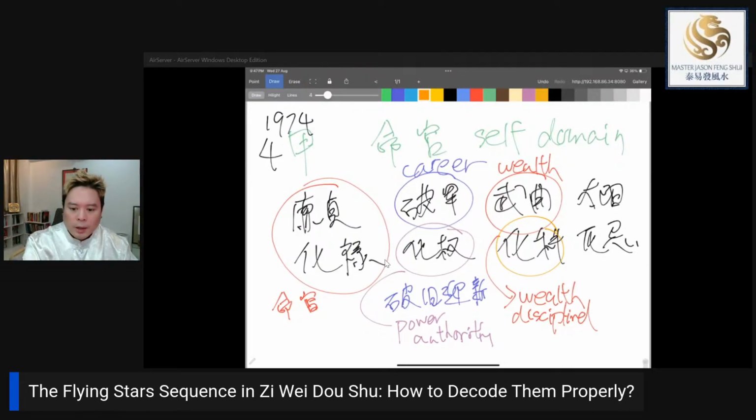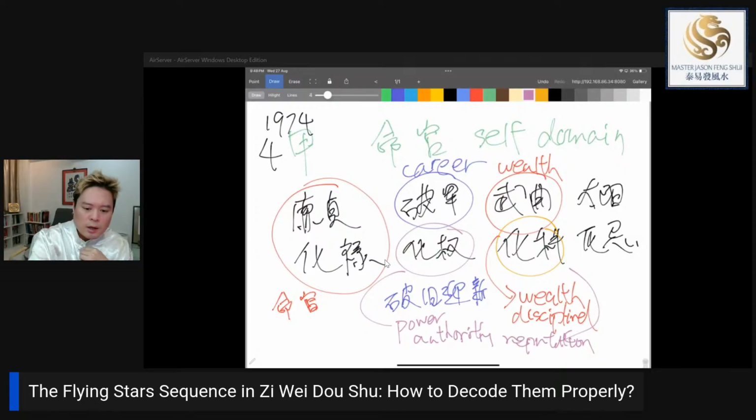As mentioned earlier, Hua Ke is always related to reputation, fame, and knowledge. For example, the person will have a very high level of knowledge in a particular field, causing him or her to be extremely wealthy as a result of the knowledge that he or she has.